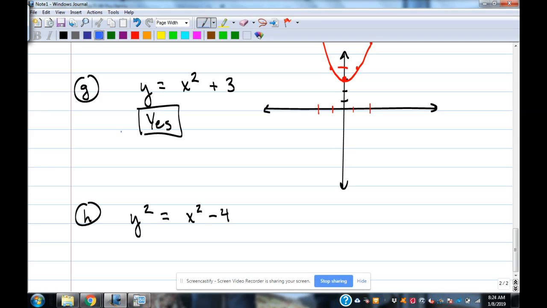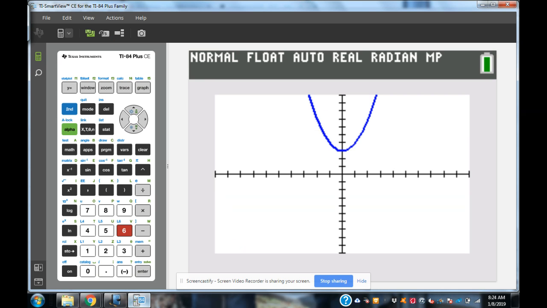Take the square root of both sides. If I take the square root of both sides, I've got to remember plus or minus is in front of that. So I've got y is equal to positive and negative square root of x squared minus 4. When I graph this with the graphing calculator, I've got to graph the positive side and the negative side separately.